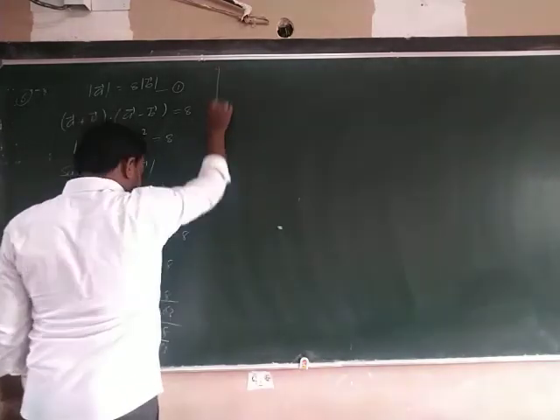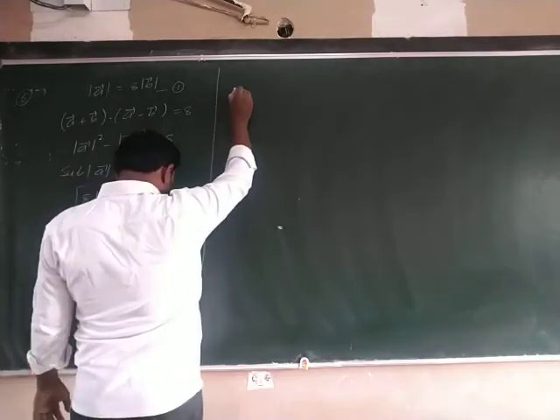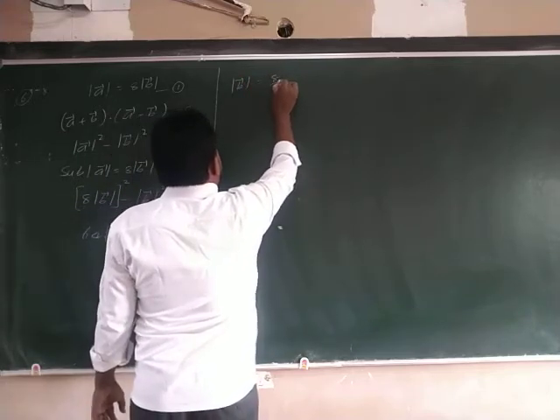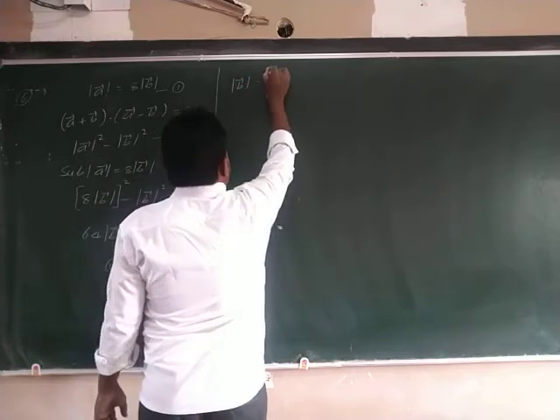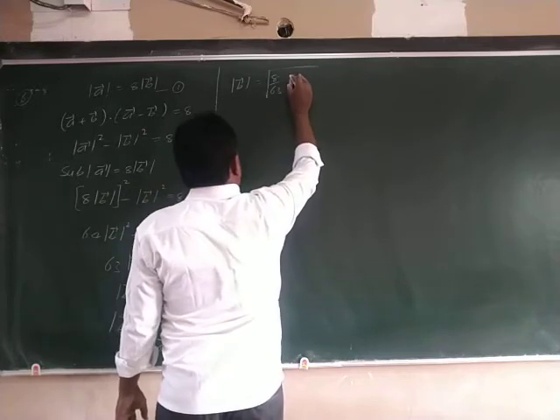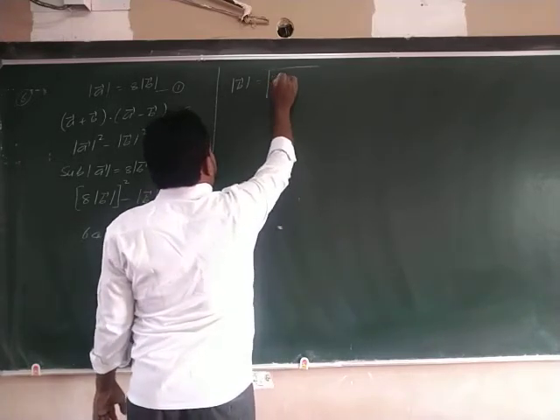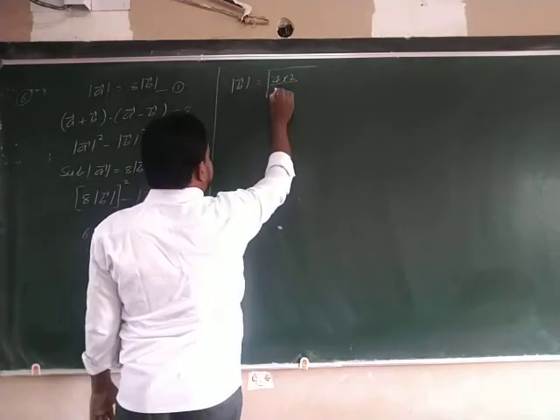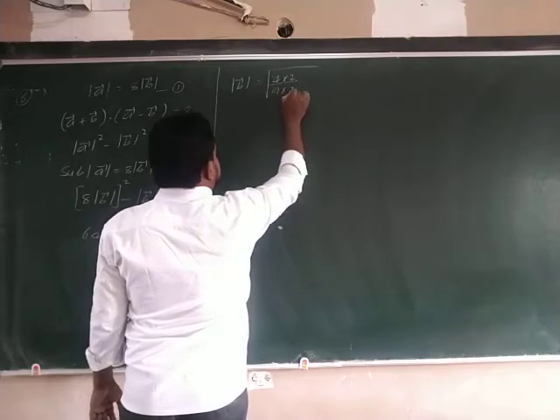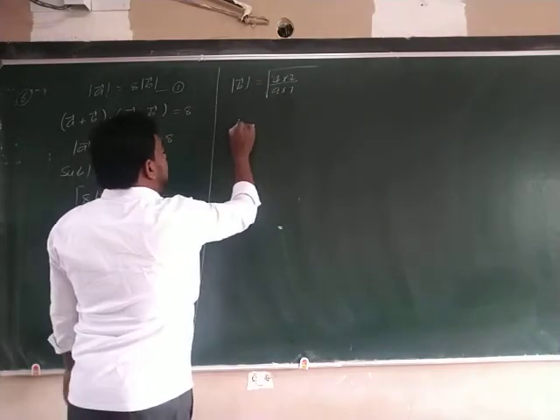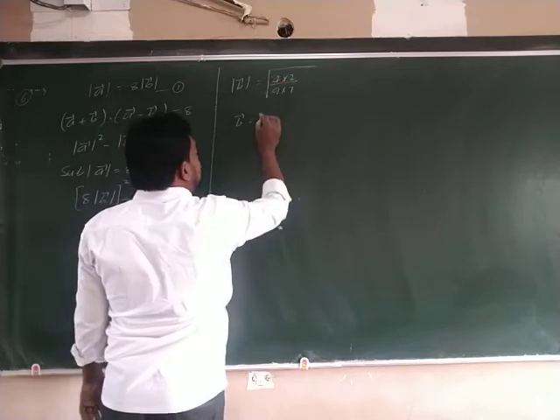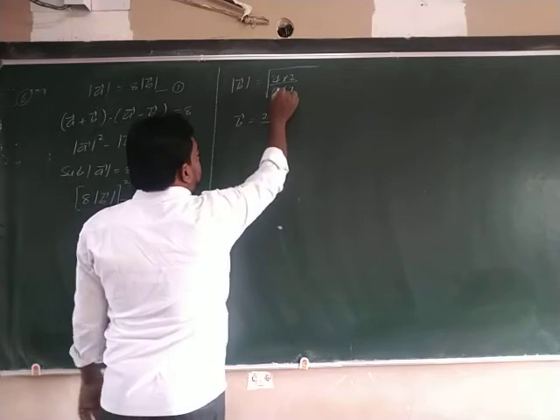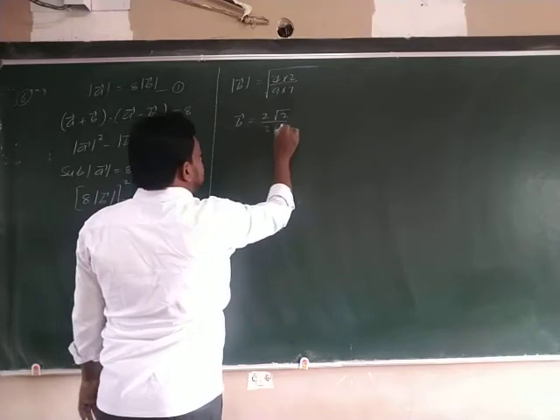So the magnitude of B is the square root of 8 by 63. Otherwise, 8 we write as 4 into 2, and 63 is 9 into 7. So the magnitude of B is equal to root 4, which is 2, into root 2, by root 9, which is 3, into root 7.